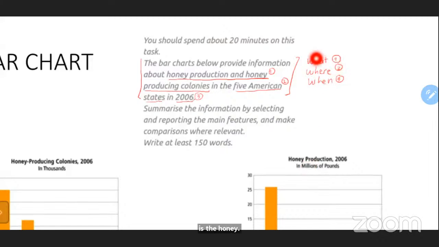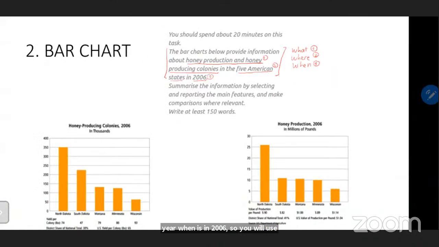Okay, so it is the what in this question, and then the where is 5 American states, and the year when is 2006. So you will use past tense for this one also. And the direction is summarize the information by selecting and reporting the main features and make comparisons where relevant.